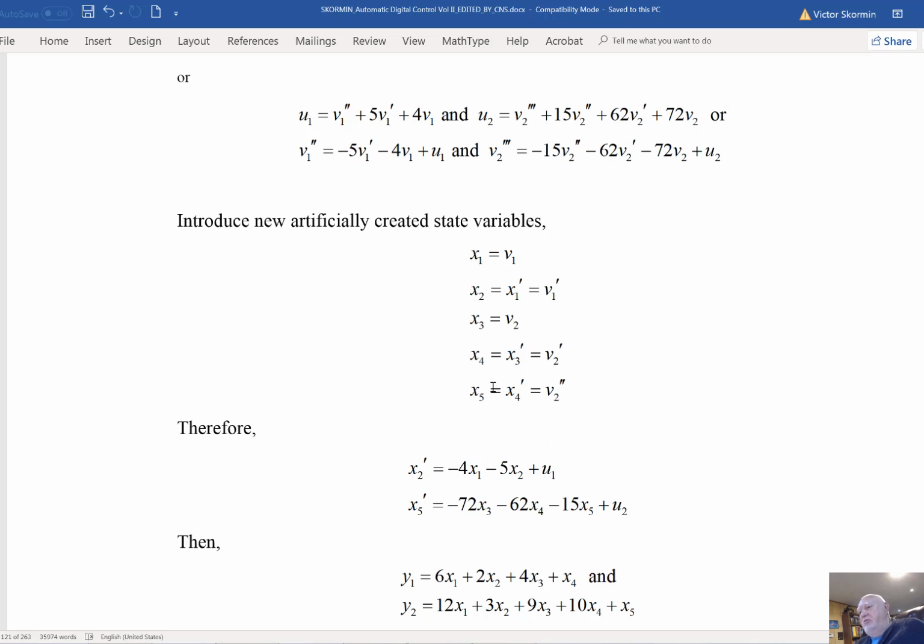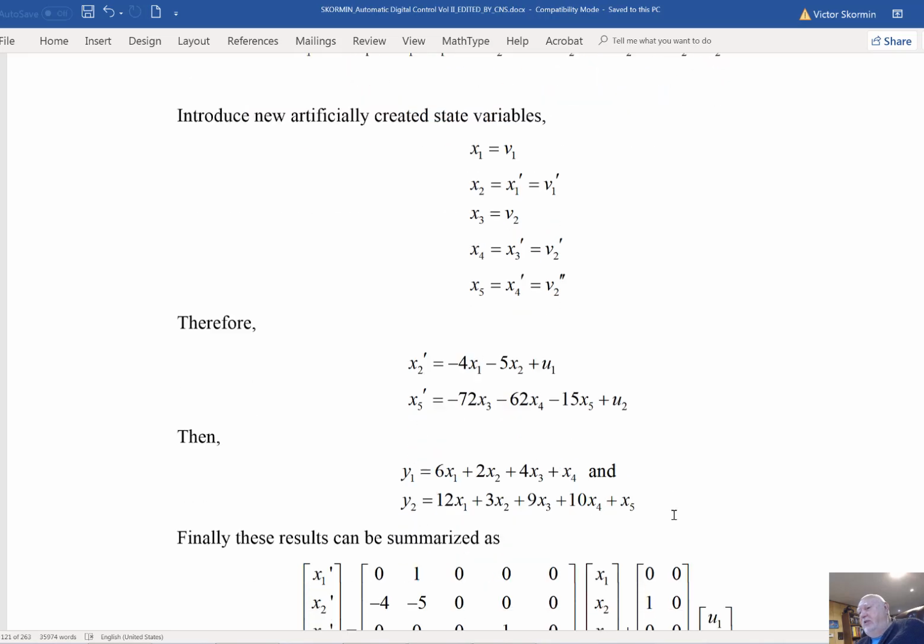I also want to define the first derivative of x5. The first derivative of x5 is supposed to be v2 triple prime, or the third derivative of v2. v2 triple prime is right here. So I rewrote it using x3, x4, and x5.